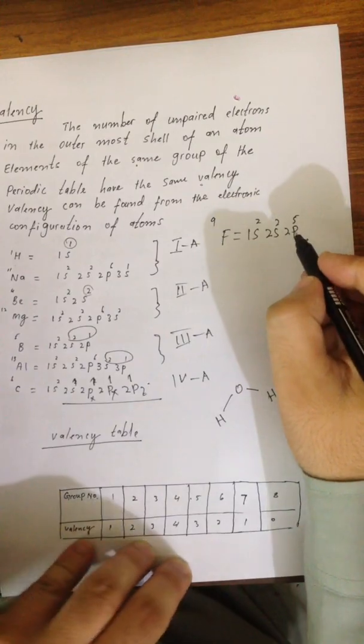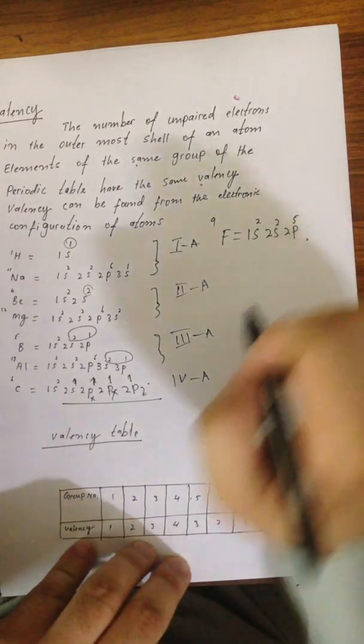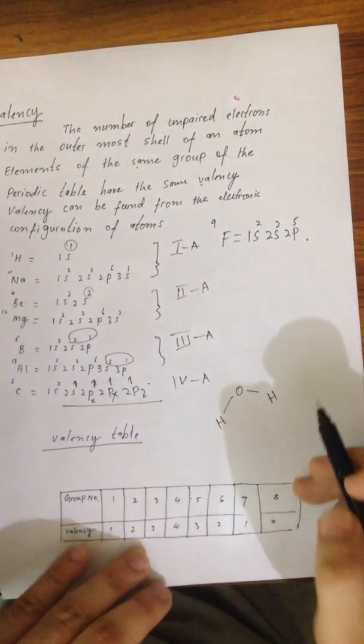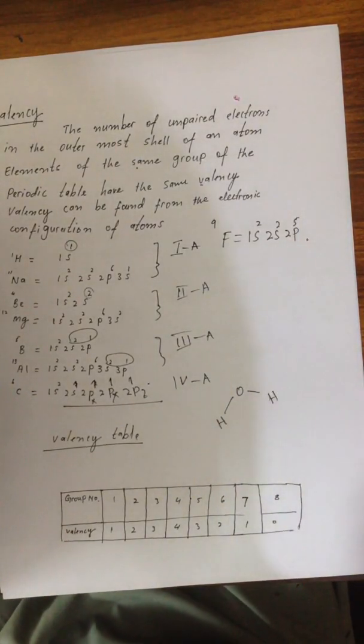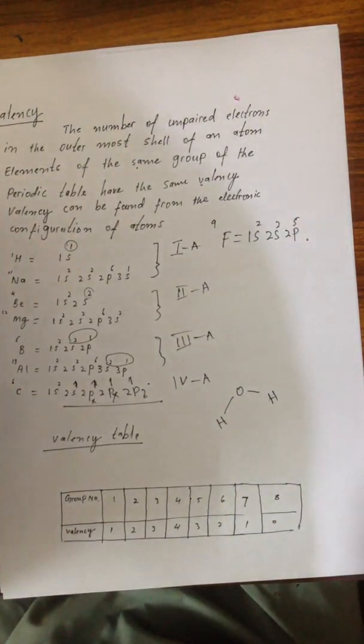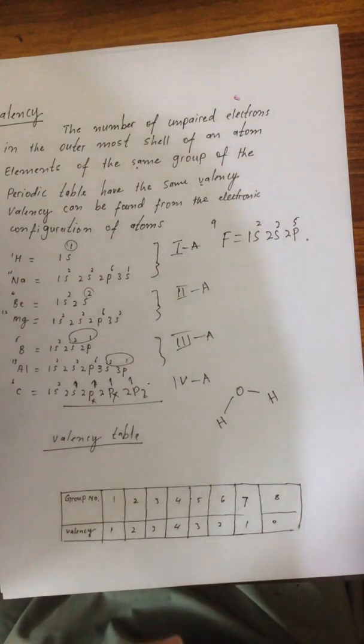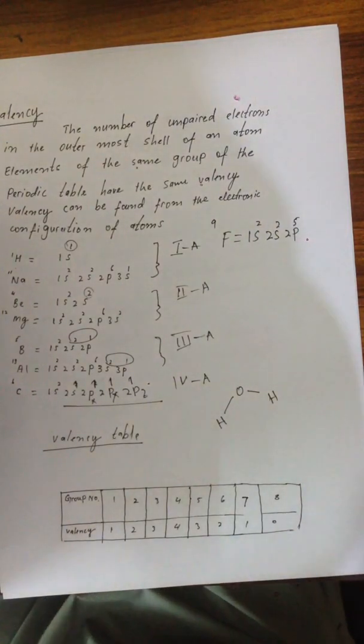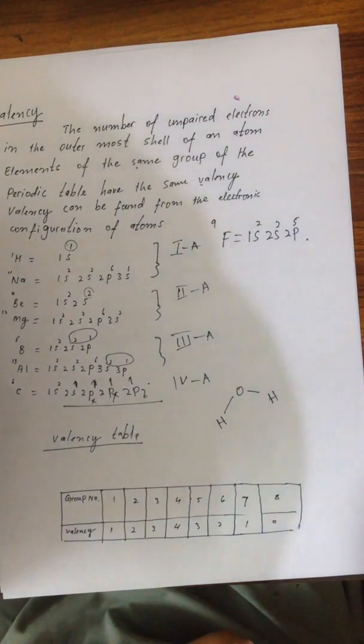So it has only one unpaired electron in the outermost shell. This is how the electronic configuration shows the valency of an atom.